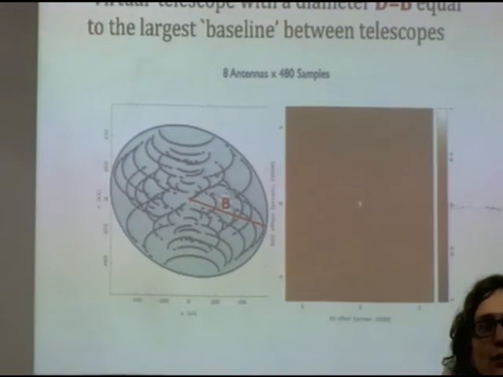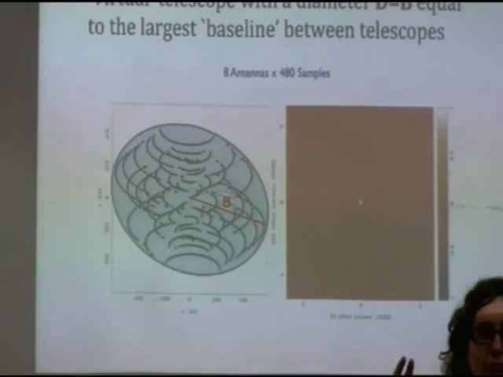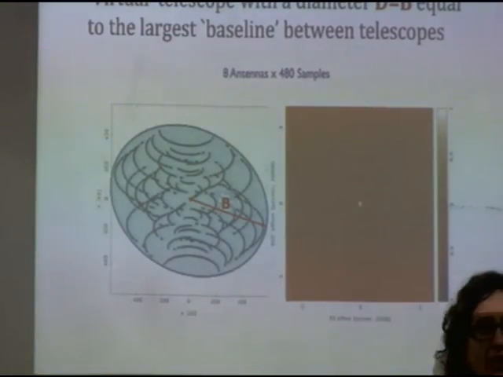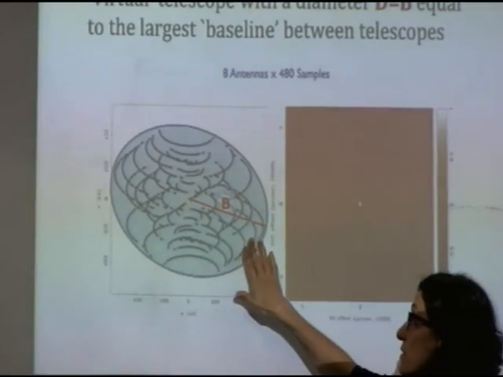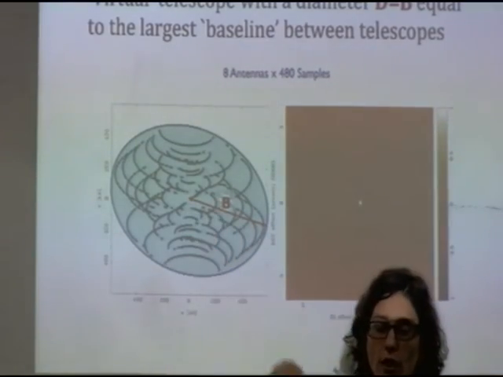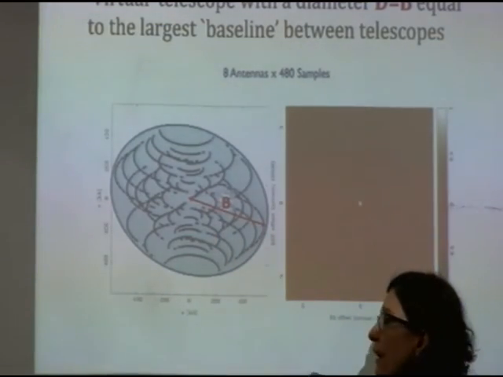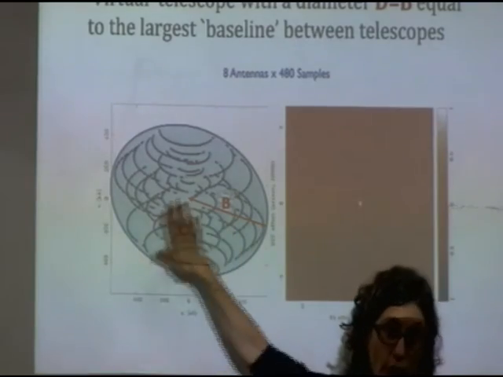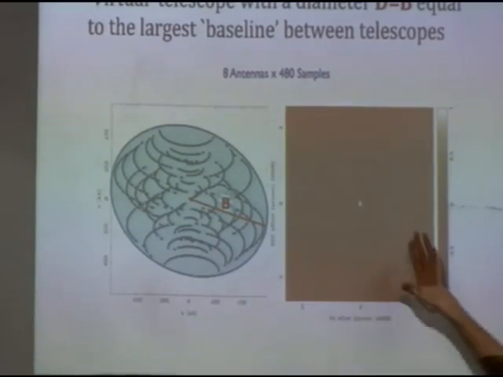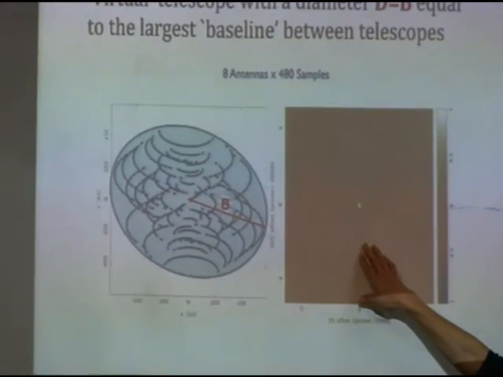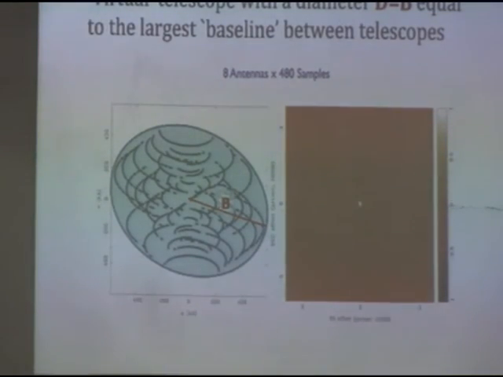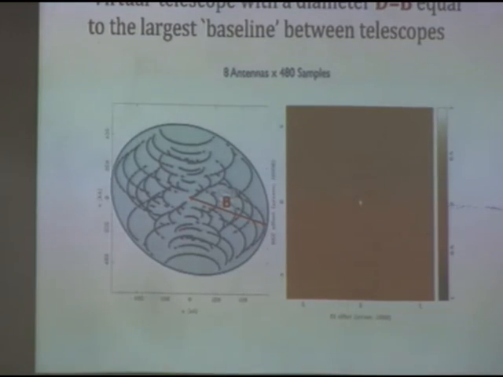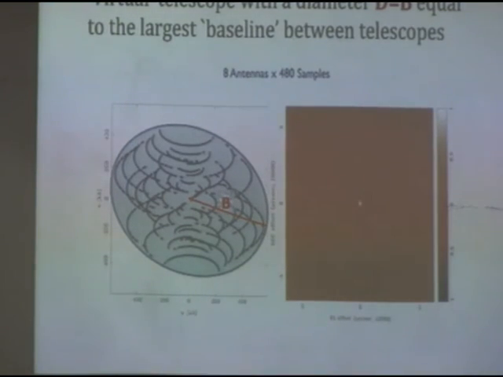So we are making a fake big single dish covering this UV space. And as soon as you have a good sampling of this UV space, you will be able to recover your original source up there. I hope that's an intuitive idea.